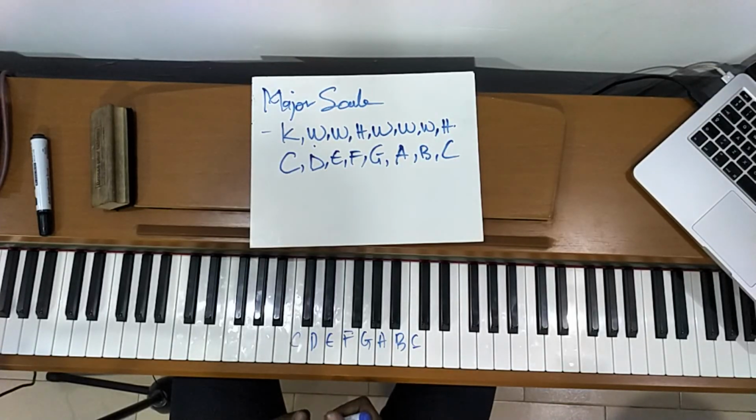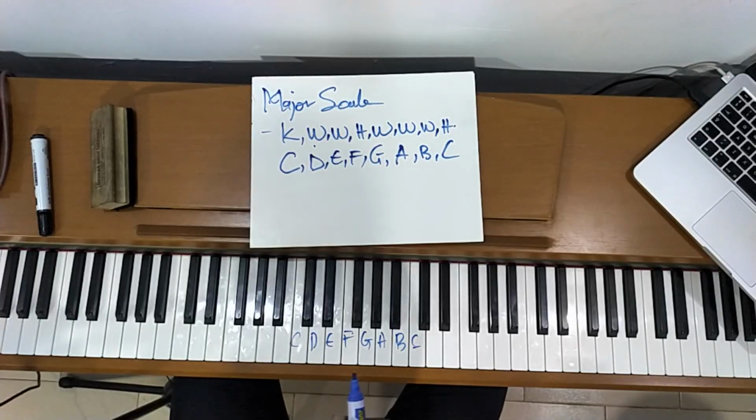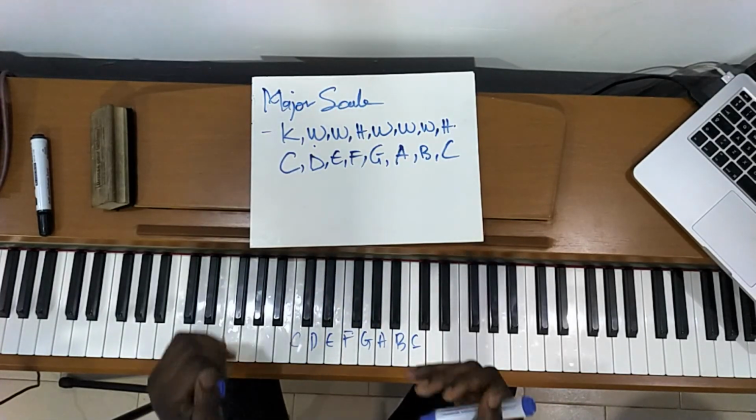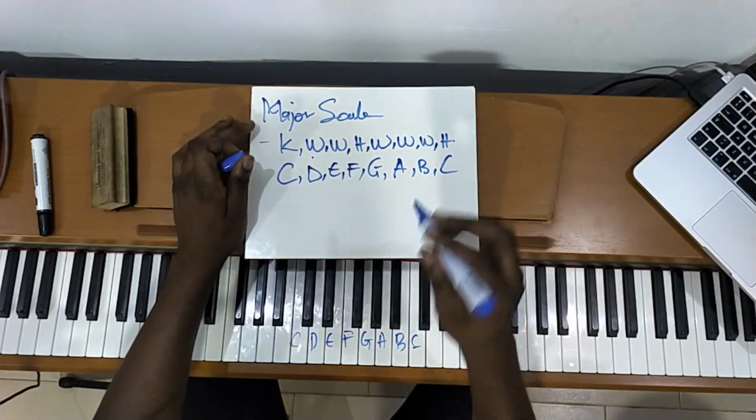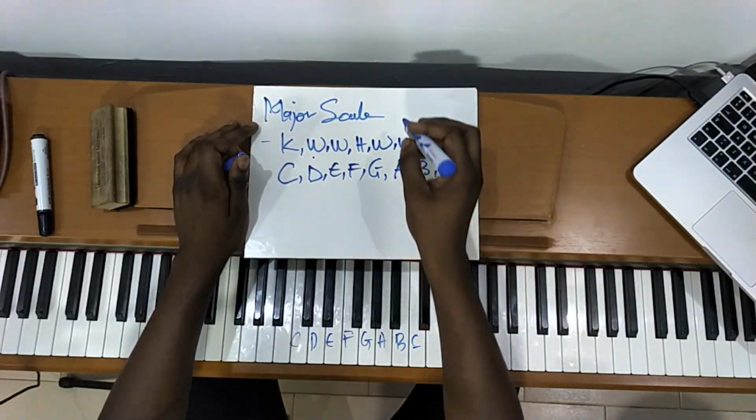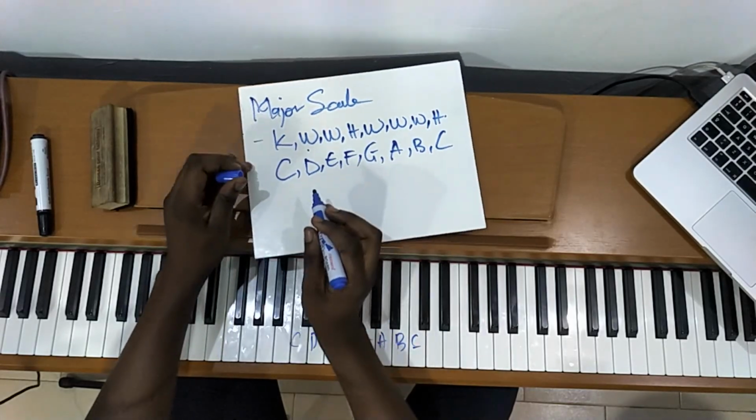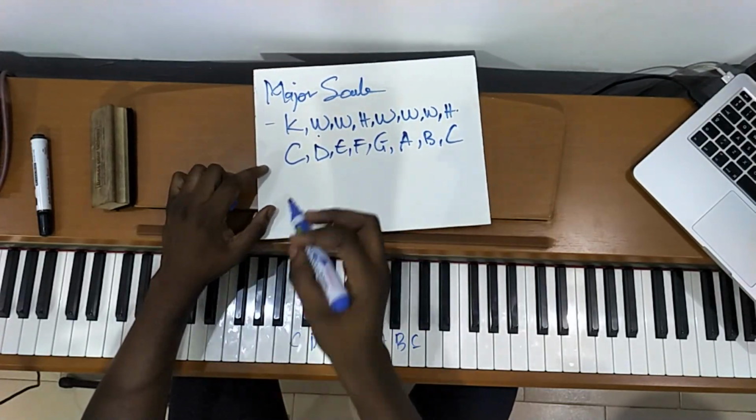so note the major scale we just played or generated is the solfege we've been singing, the do, re, mi, fa, sol, la, ti, do. Okay, so I'm going to write them down for you.